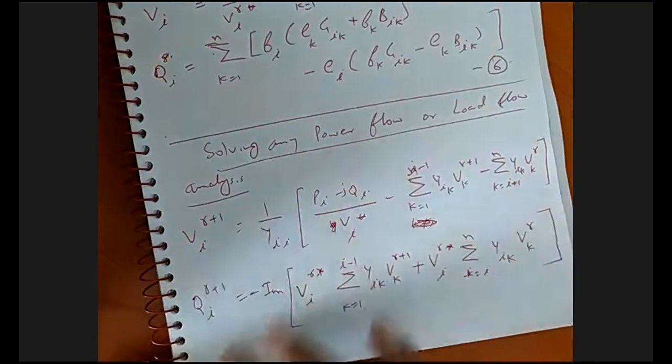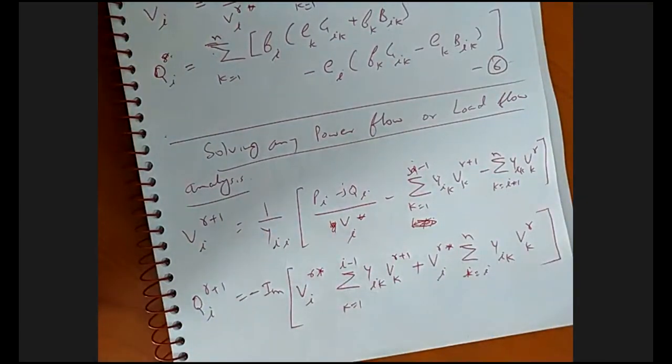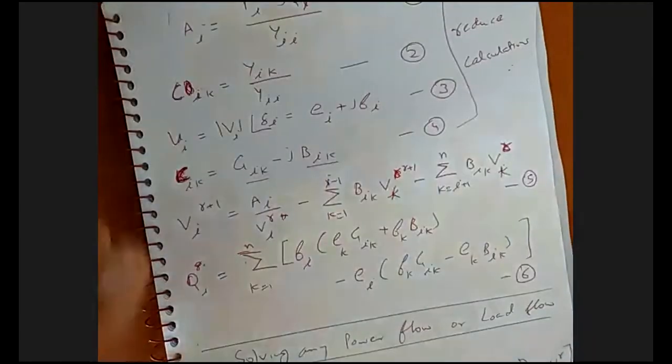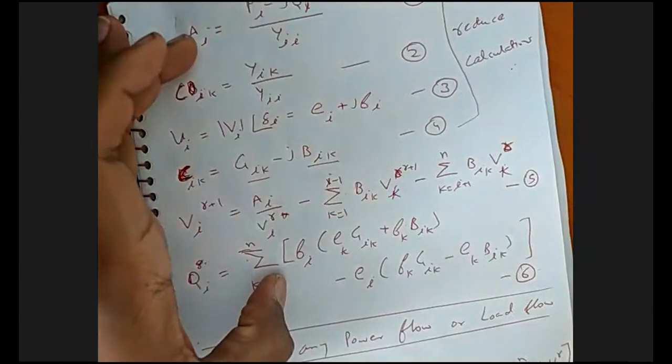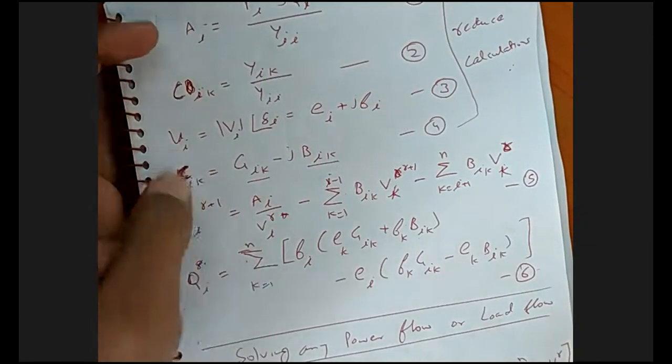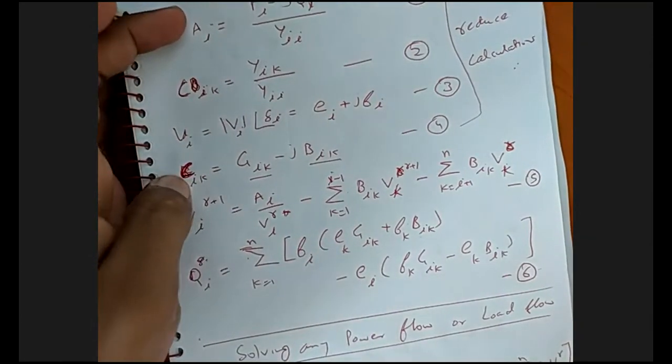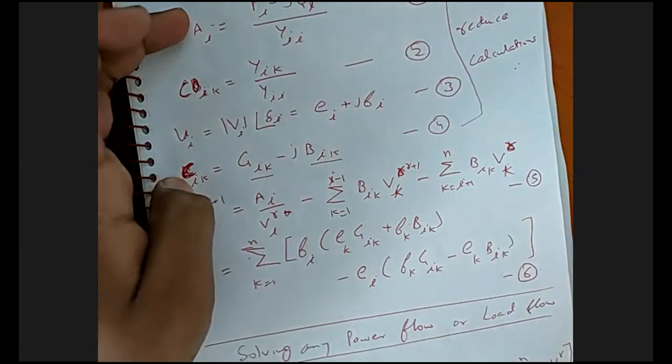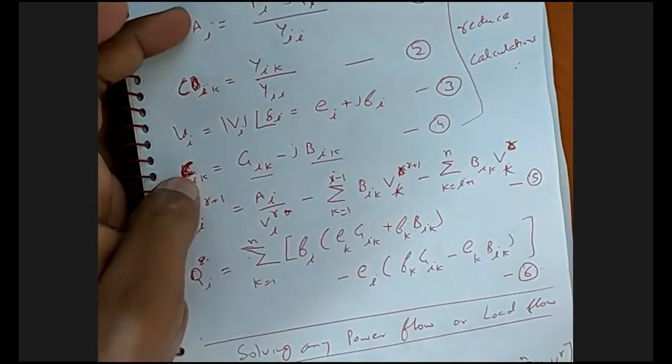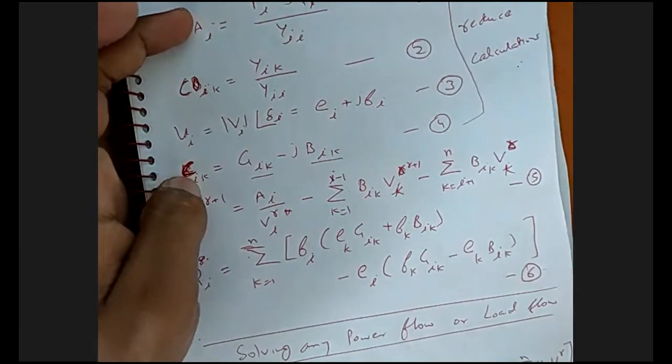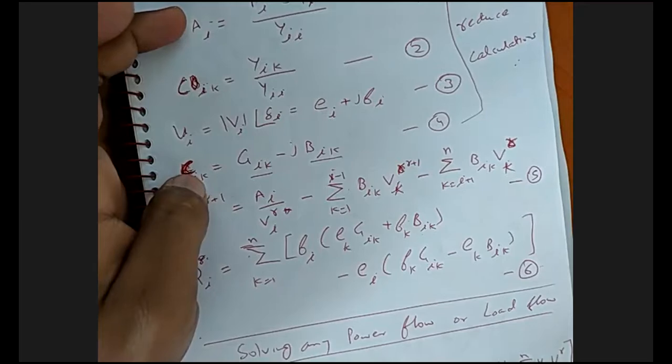These are the two direct formulas, and the earlier ones are the formulas which will reduce the calculation, because these are the terms which are fixed and we don't want to recalculate them again and again. So this will reduce our task.